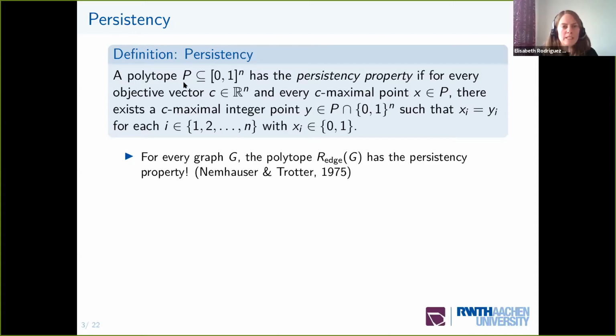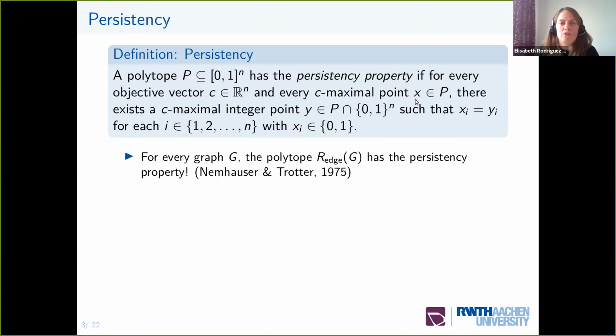A polytope P has the persistency property if for every objective vector c and every c-maximal point x in the polytope, so this point will have some integer, some fractional components, there exists a c-maximal integer point y in the polytope, such that on the subset of components of x which take integer values, this c-maximal integer point y takes the same integer values.